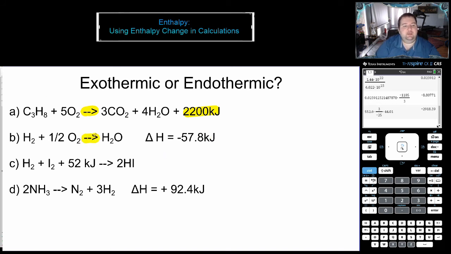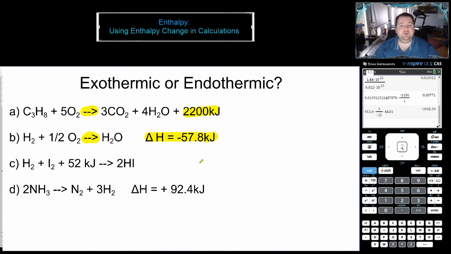Let's do B. This is the arrow. There's no energy within this. Instead, it's over here as a delta H. Delta H is negative. If delta H is negative, what does that mean? That means that my system lost energy. Where did the energy go? To the surroundings.